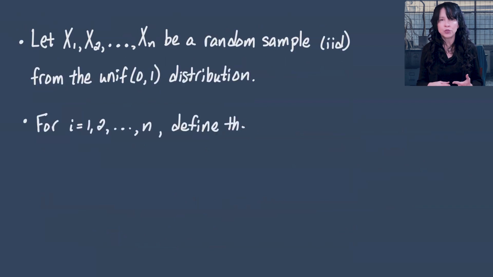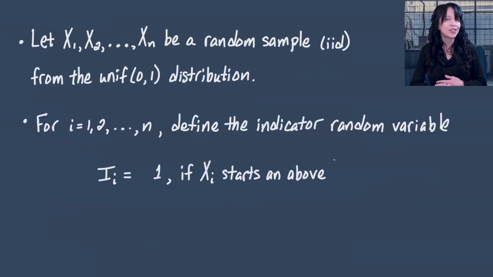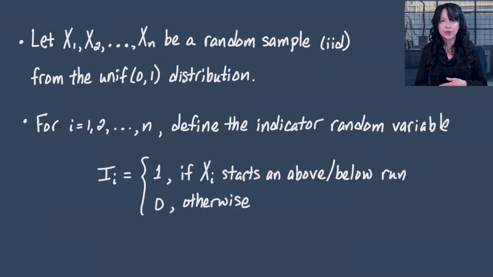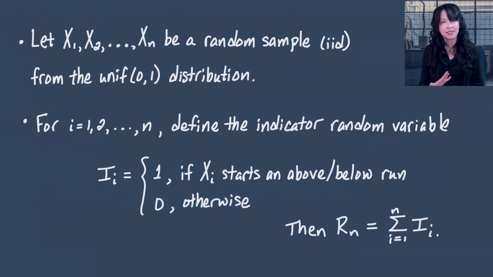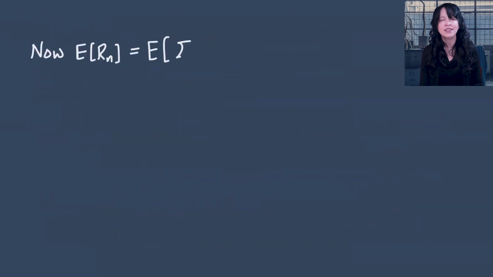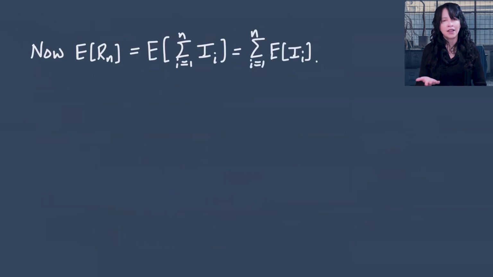So for i equals 1, 2, up through n, I'm going to define the indicator random variable, capital I sub lowercase i, to be 1 if capital X sub i is starting an above or below the mean run, and 0 otherwise. And then, of course, the number of runs, R sub n, is the sum as i goes from 1 to n of the I sub i, and the expected value of R sub n is the expected value of the sum. And it's a linear operator.